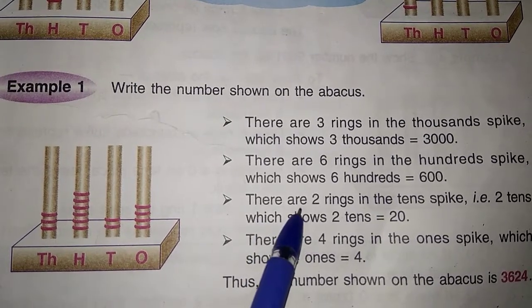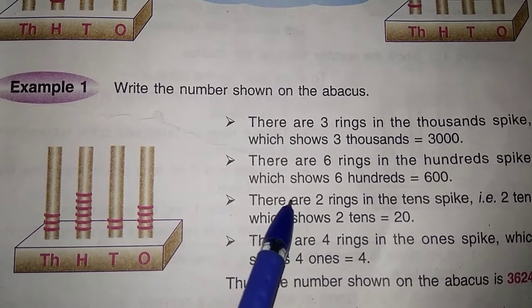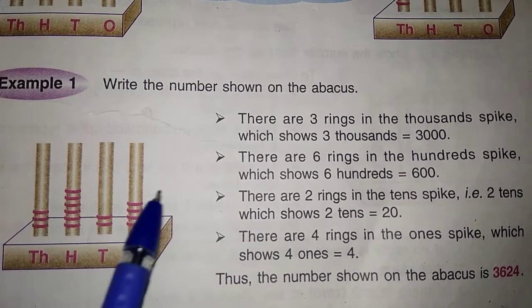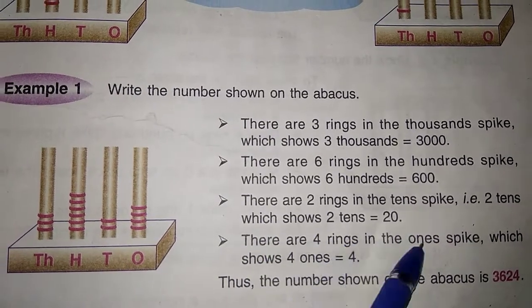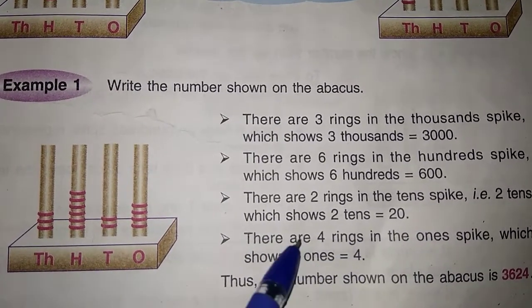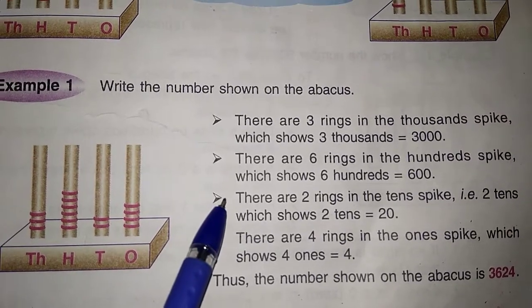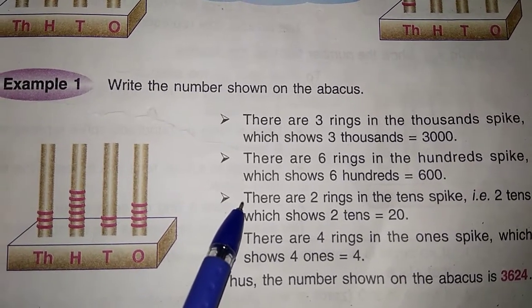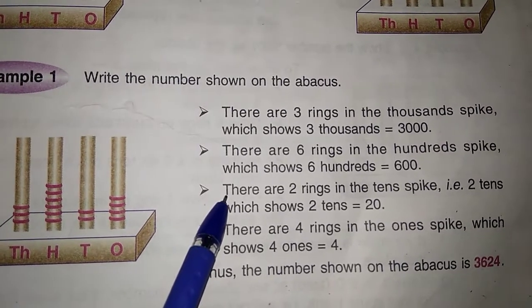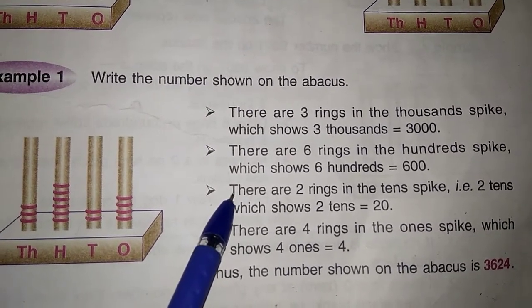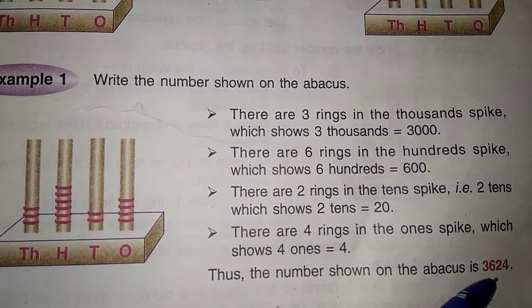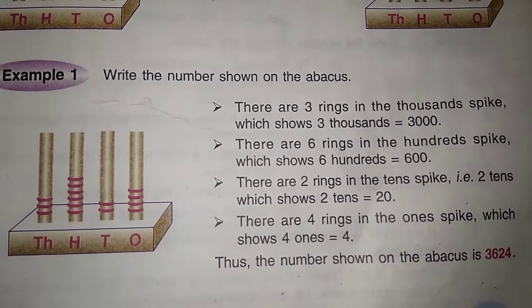There are 2 rings in the 10 spike, that is 2 tens, which is equal to 20. There are 4 rings in the 1 spike, which shows 4 ones is equal to 4. Thus the number shown on the abacus is 3624.